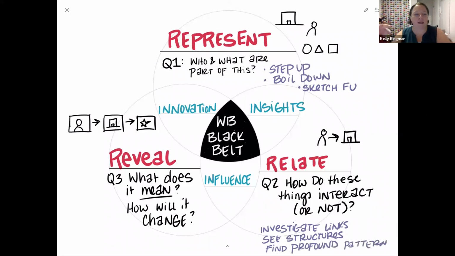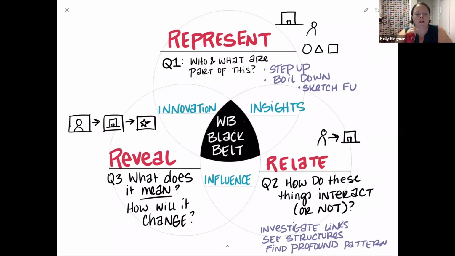Links are what we talked about, how these things interact. Seeing structures is about taking multiple views of information. To use a concrete example, take a building. You can have a floor plan, an elevation view, a street view. There's lots of ways to structure information to make sense of it, and there's ways to do that with conceptual information as well.